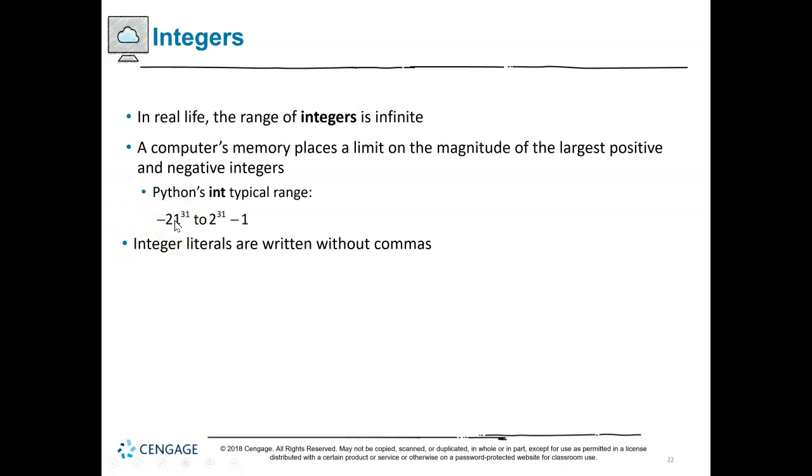So in other words, we go down essentially to 2 to the 31st power, and we go up to 2 to the 31st power. Because we have to include 0 in there and a couple of other little weird quirks, we use up 64 bytes to get that. So that's where that number kind of comes from.